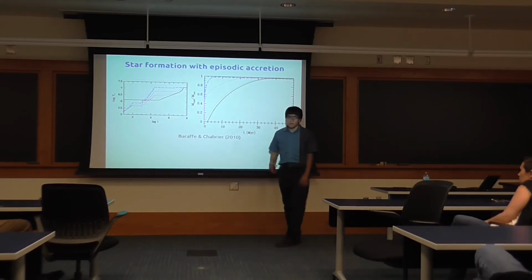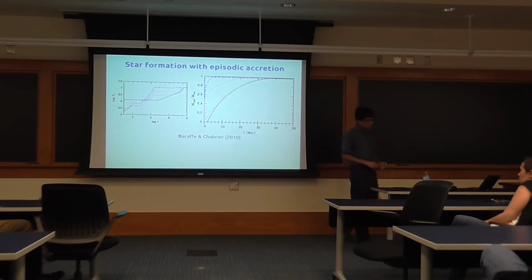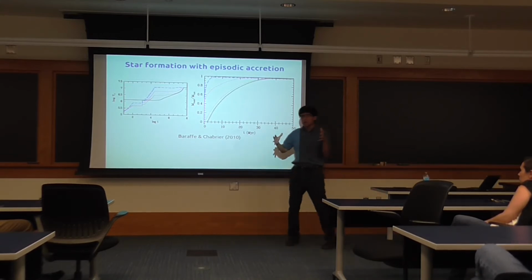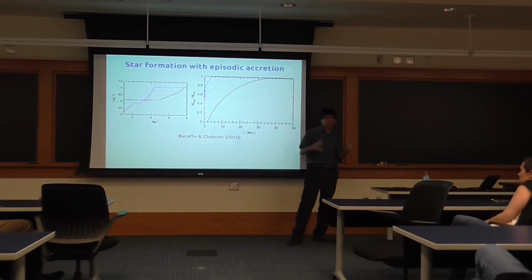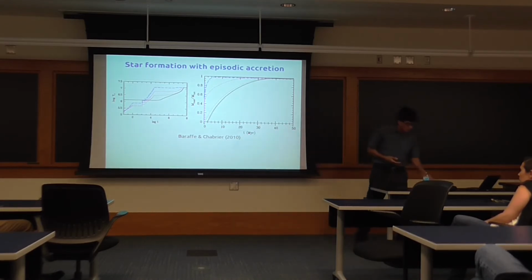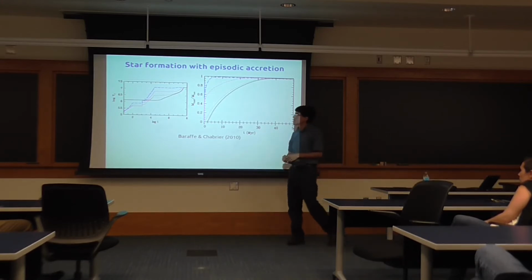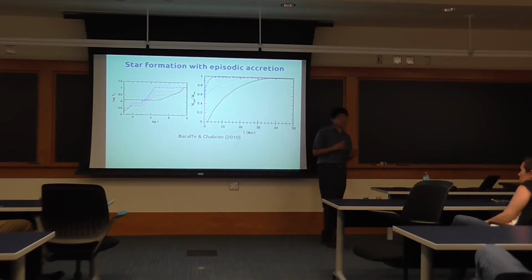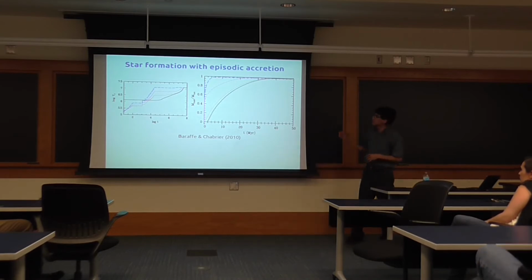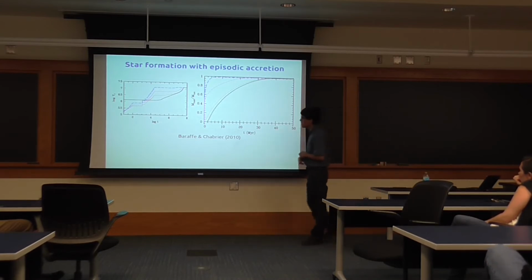Those models that I showed you a second ago are models in which a star forms just by a uniform collapse, right? The accretion rate is constant throughout the formation of the star, but there are observations and theory which suggest that stars don't form that way, that there are actually bursts of accretion that lead to this phenomenon of episodic accretion.